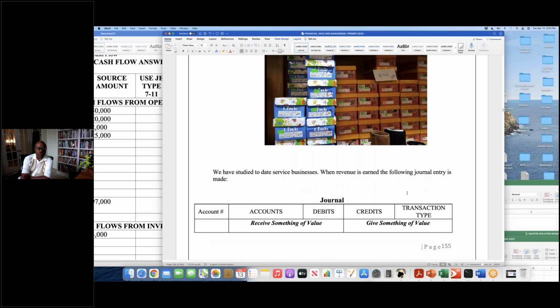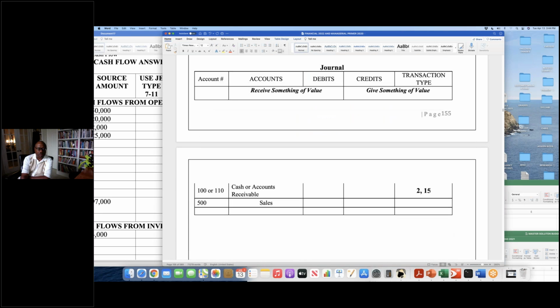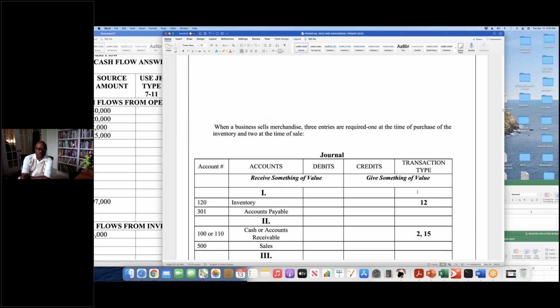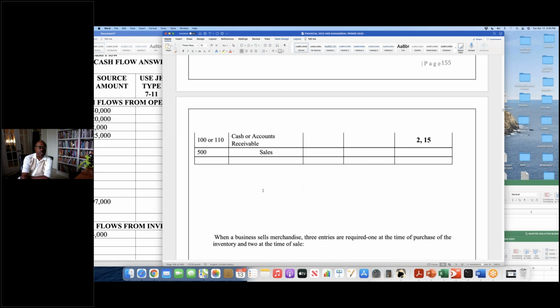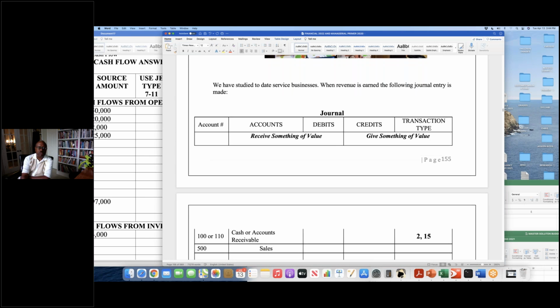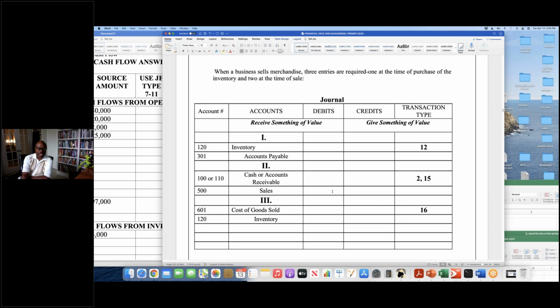And when you sell shoes, you're getting cash or receivable. So you got a 2 or 15. There are 3 entries involved. Here we were just selling, this is when we were selling our service business, renting out cars. But when we decide to sell inventory, we got 3 entries.